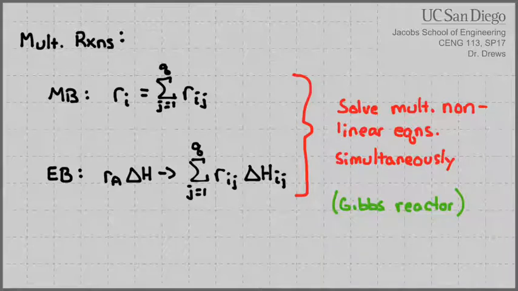But for any CSTR that's got more than one reaction going on inside of it, you typically have to solve both the material balances, one for each species, as well as the energy balance simultaneously, which is the part that gets a little bit different from what we saw with our other 2 flow reactors and the batch reactor. There, we didn't really have to do anything different.